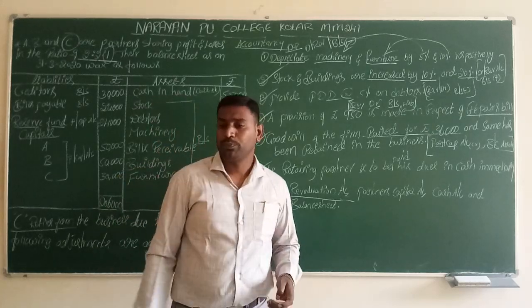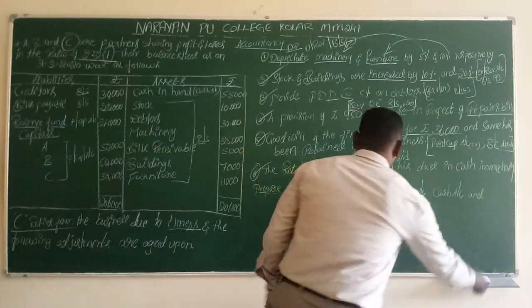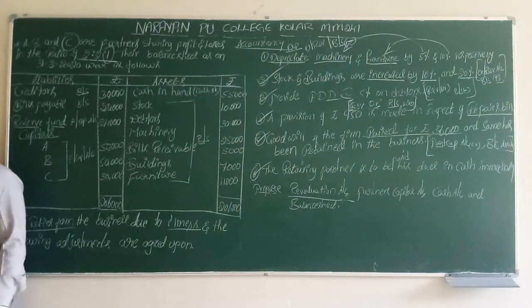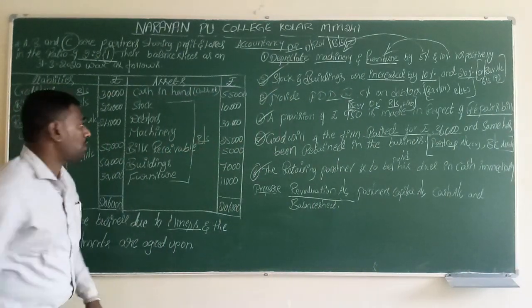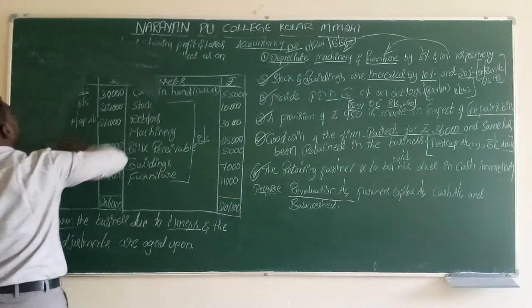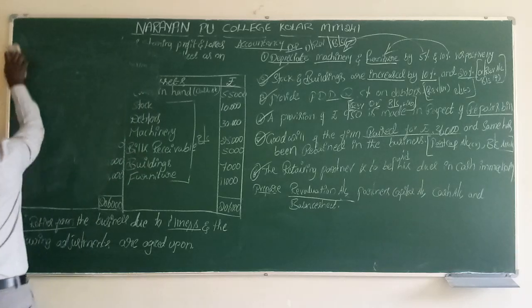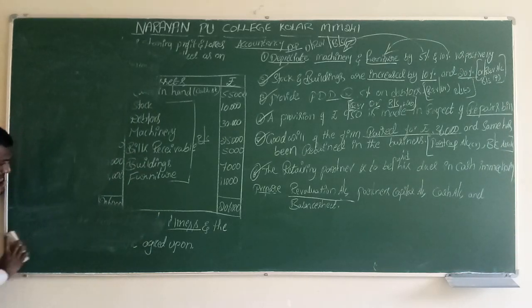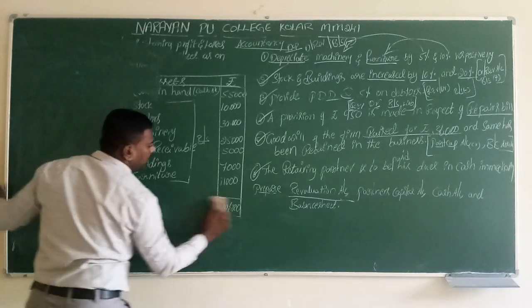Next we move to the solution for the same information. The first account we have to prepare is the revaluation account. First draw the columns for the revaluation account and write the heading, Revaluation Account, and we have to fulfill all the conditions while preparing the account.